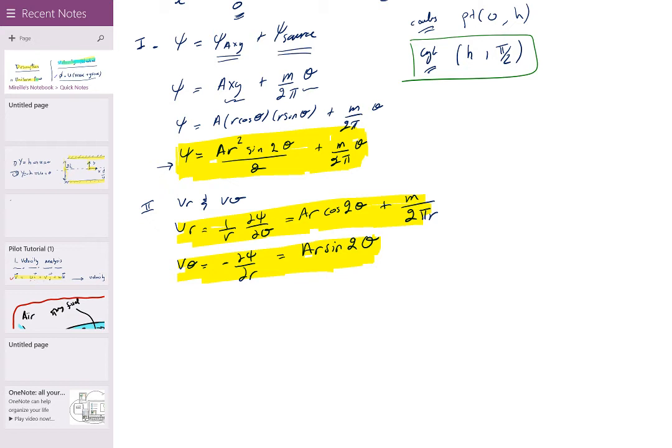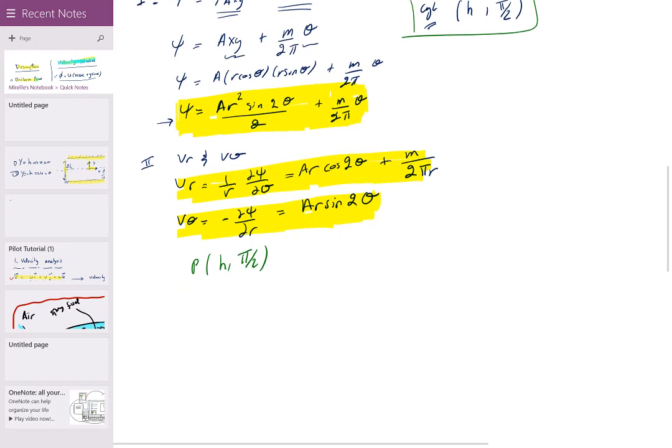Okay, now I'm going to replace my stagnation point coordinates, which is, let's call it point P, h and pi over 2. So let's replace h and pi over 2 in vr. What will I get?